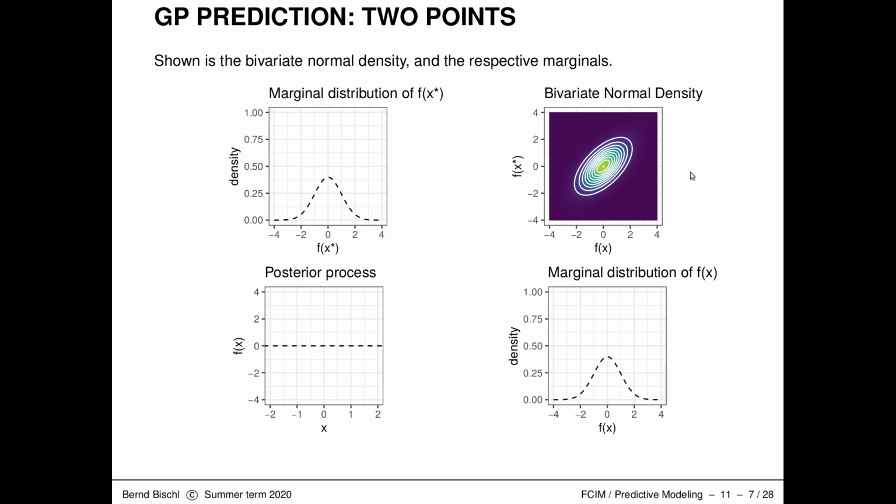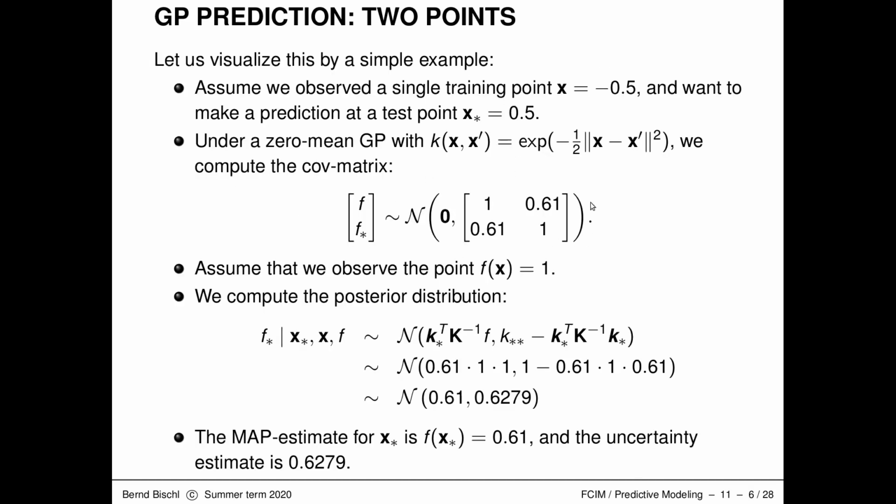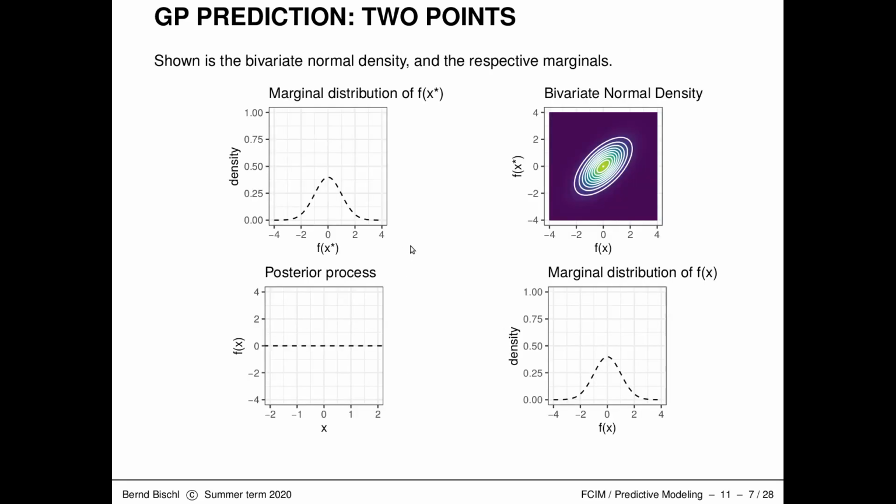So let me start here in the upper right-hand corner. Here I visualize this bivariate joint density between the outcome f of x and the outcome f of x star. And down below and up here, I've visualized the marginal distribution of f of x and the marginal distribution of f of x star.